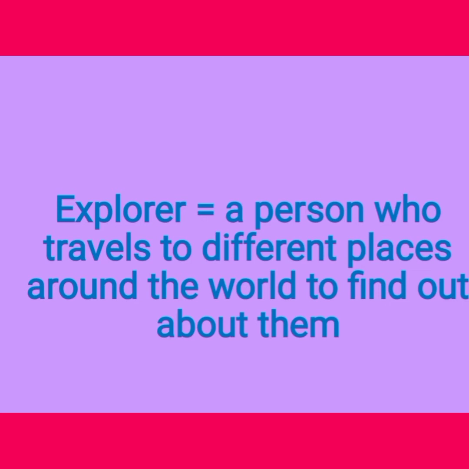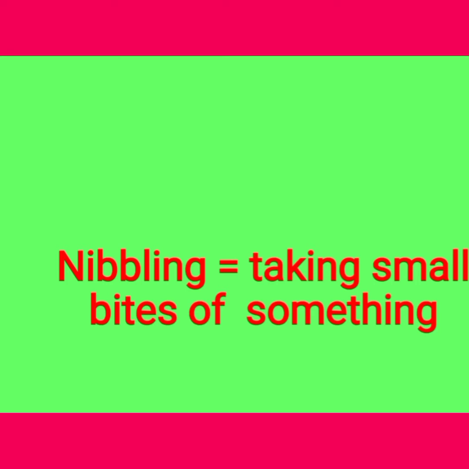That person is called an explorer. Continuously he wants to know something about wherever he goes. That place he wants to know. That person is called explorer. Okay. Now see the next.